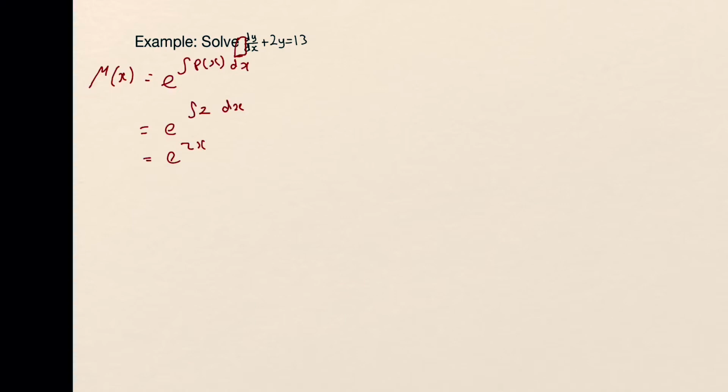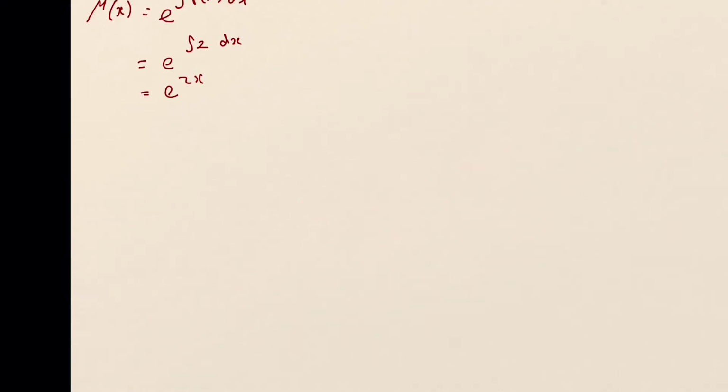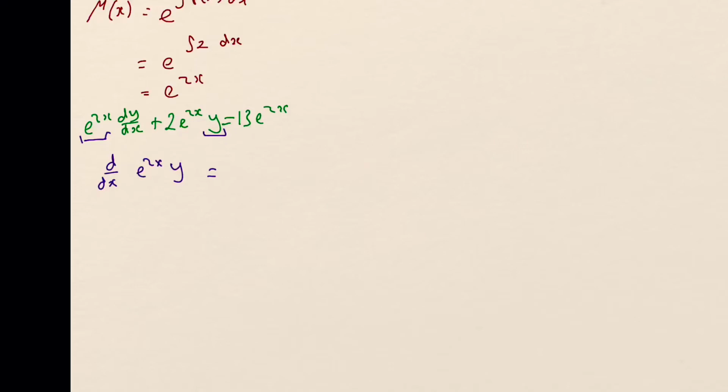Then if we multiply both sides by e to the 2x, we've got e to the 2x dy by dx plus 2e to the 2x y equals 13 e to the 2x. Looking at this, we've got u and v, so we know that the derivative of e to the 2x y is equal to 13 e to the 2x.